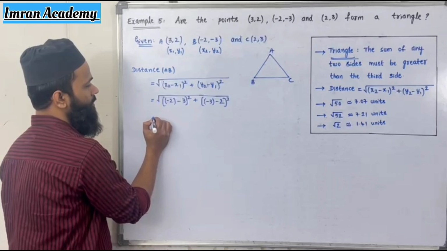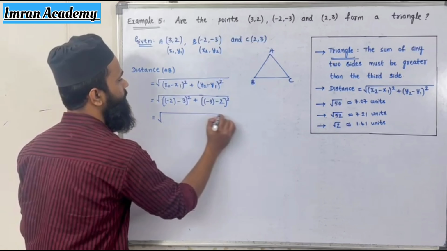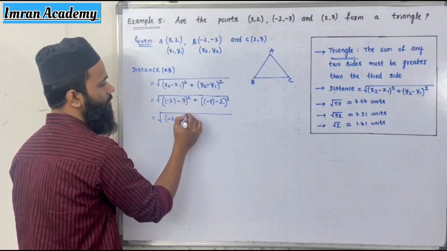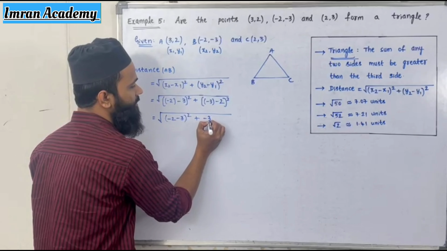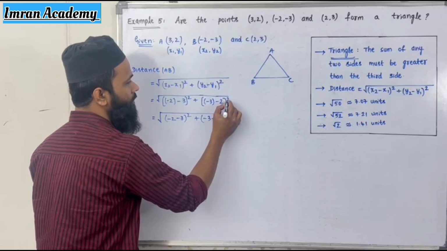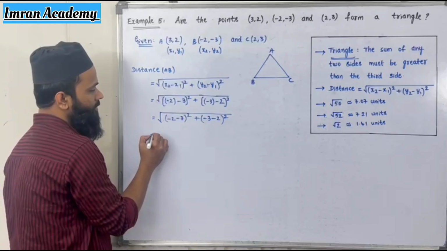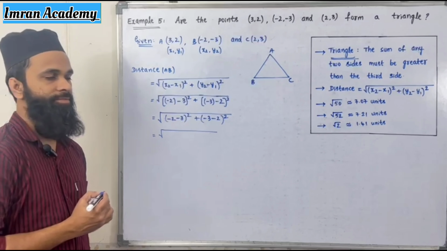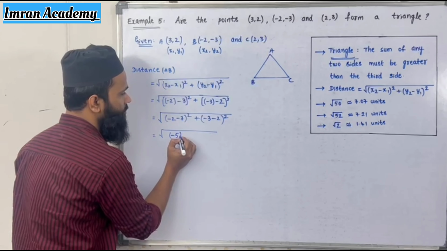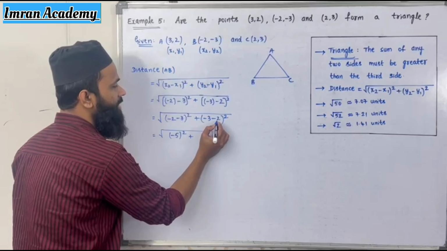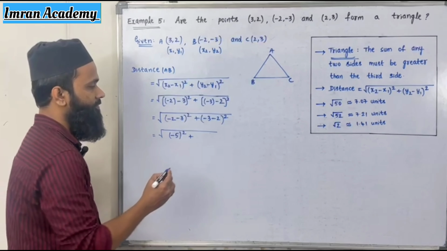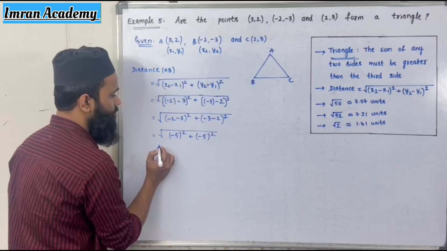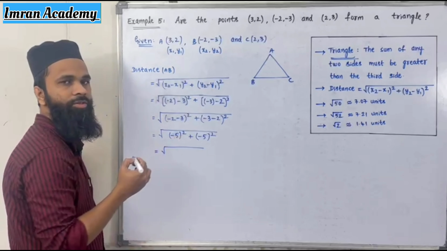Whole square. It is equal to square root of (minus 2 minus 3) whole square plus (minus 3 minus 2) whole square, which is equal to square root of (minus 5) whole square plus (minus 5) whole square.